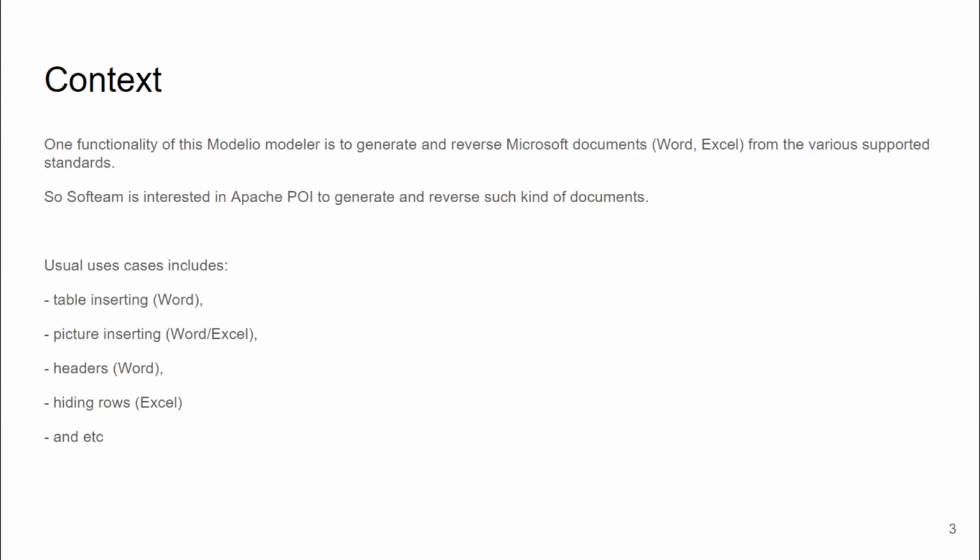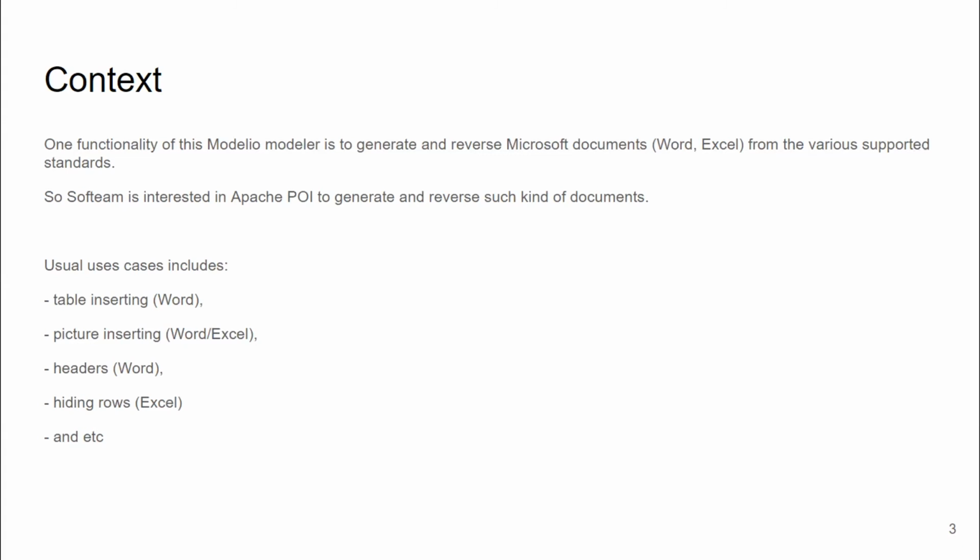So they are interested in Apache POI for doing such tasks, and some usual cases which we found out from the customer are table inserting for Word documents, picture inserting, specifying headers, defining them, hiding rows, and so on.